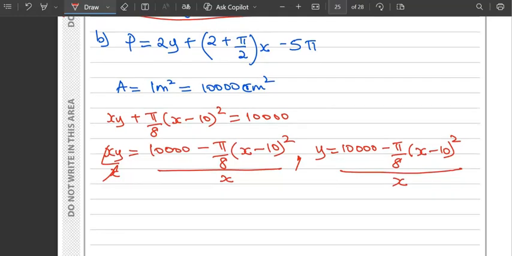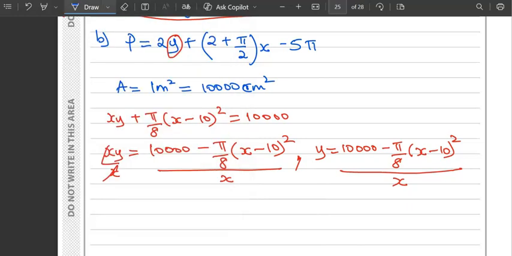Now what do we need to do? From the perimeter where we have y, we can simply replace it with the expression here.